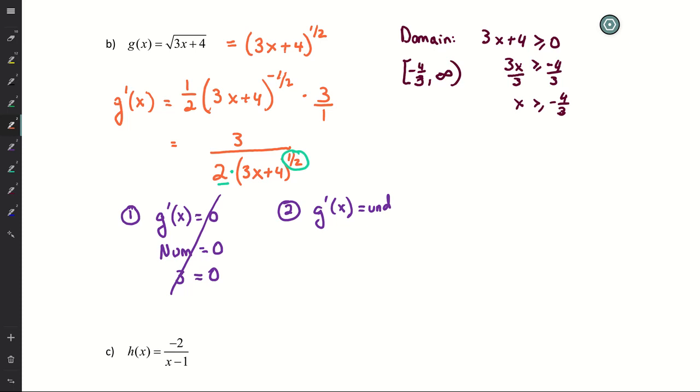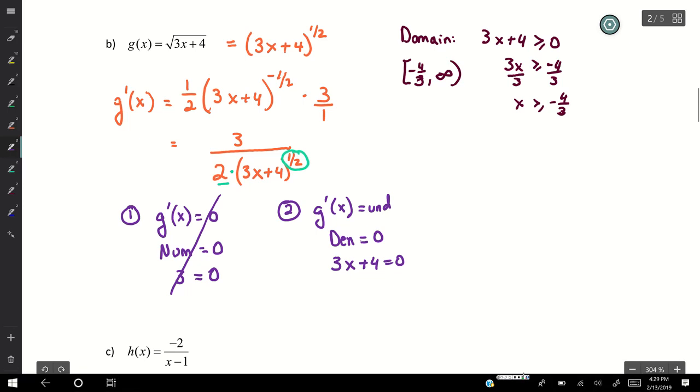So the only way that it's going to be undefined is if the denominator equals 0. And the only way that's going to happen is if the inside factor there is 0. So we can ignore the coefficient of 2, we can ignore the power of 1/2. So this will only happen if 3x plus 4 was 0.